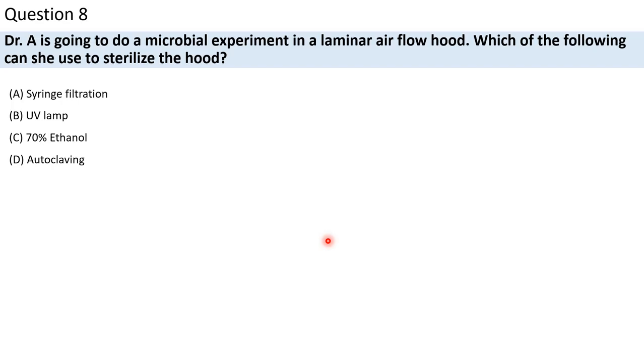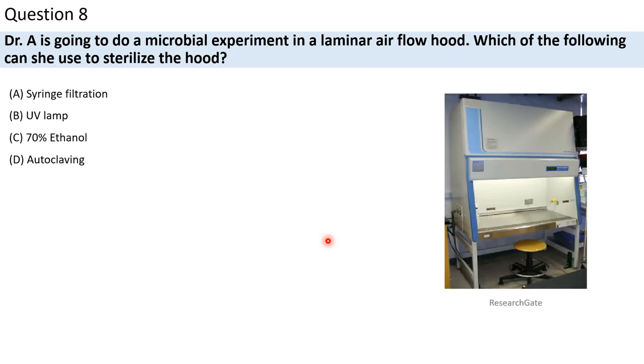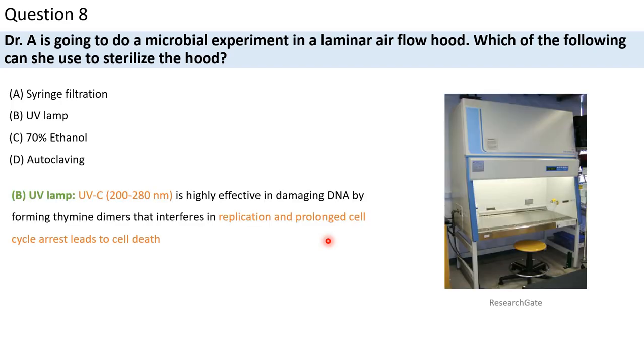Yes, we know that 70% ethanol is a disinfectant used to wipe the laminar airflow chamber. Every time you do an experiment, before and after, you have to wipe the hood with 70% ethanol. Option D, autoclaving. No, we cannot autoclave the laminar airflow chamber. So the right options are option B and option C.